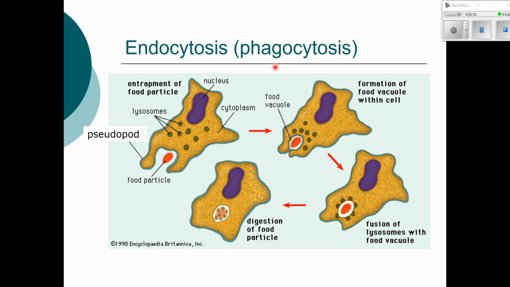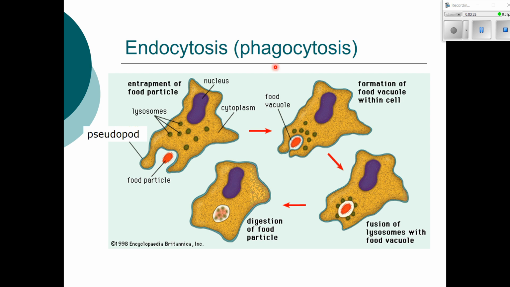But in your body, a great example would be some of your white blood cells. They're called macrophage cells, and they have the ability to literally gobble up bacteria and viruses and parasites that are making us sick.